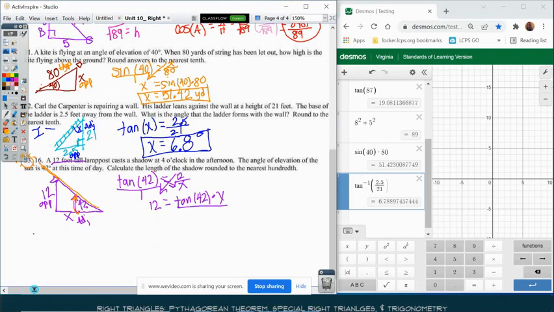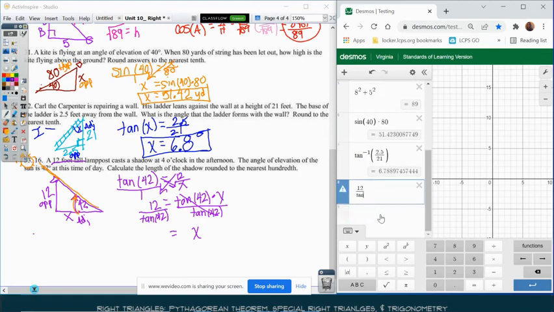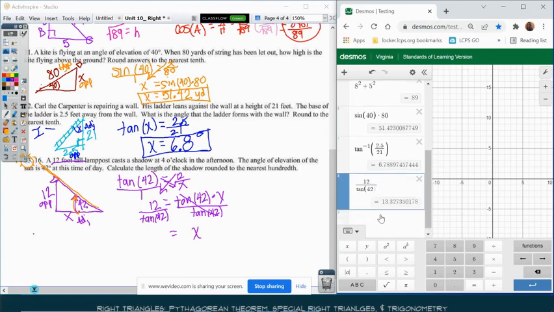We are going to have to divide by that tangent of 42. And what you divide on one side, you have to divide on the other side. So anything divided by itself cancels. We've got x alone, and we're asking our calculator to do some division for us. 12 divided by the tangent of 42. I'm going to get 13.33 when I round that off. So 13.33 feet tall for the lamppost.